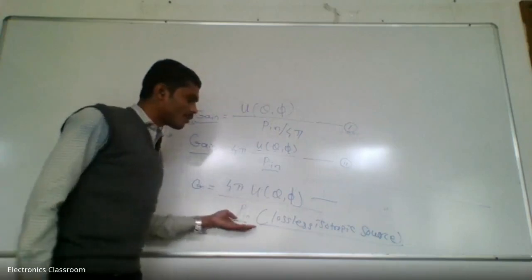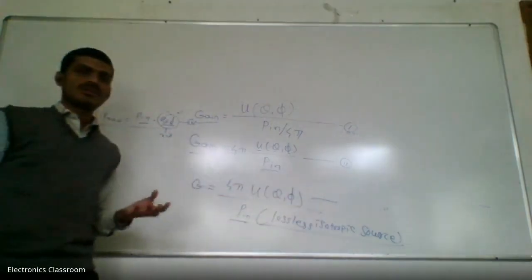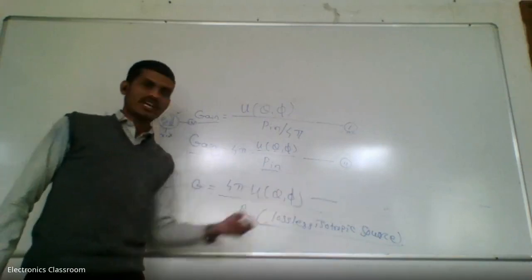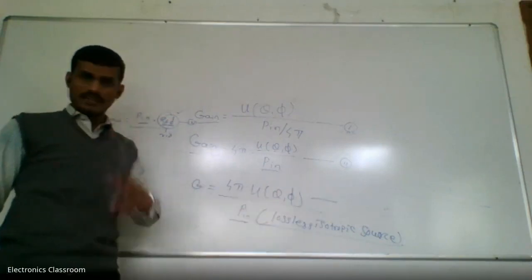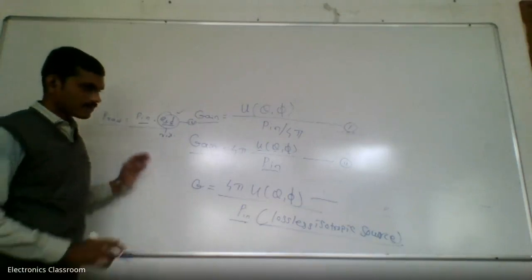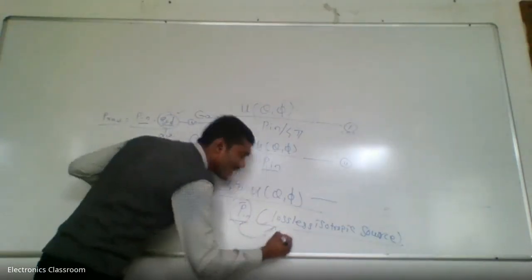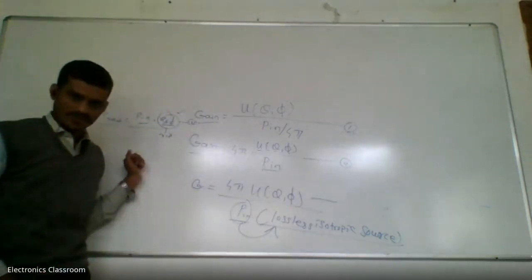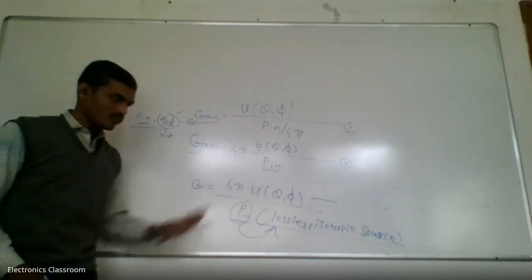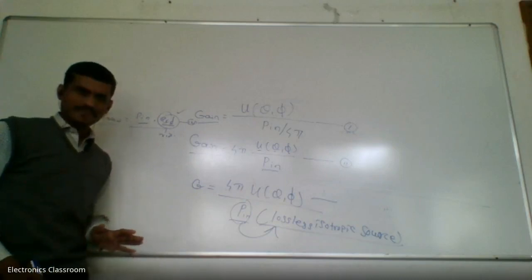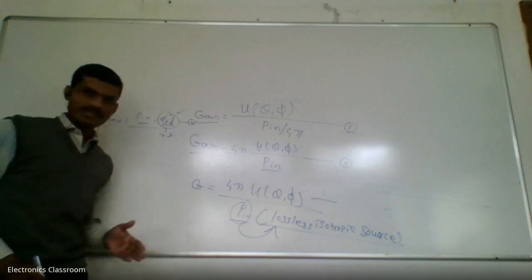These are not the same term. Power is totally different from the lossless isotropic source. Is that clear? Power is taken by the lossless isotropic source. Power is not the lossless isotropic source. Is that clear? Yes, Prashant? Yes, sir.